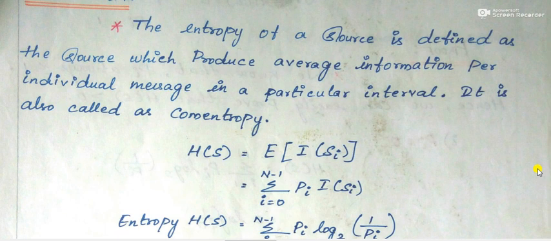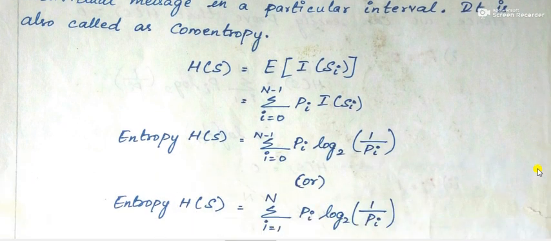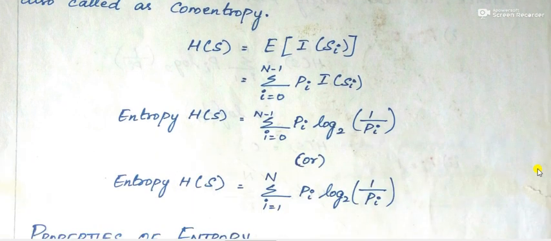It is also called uncertainty. This is the formula for entropy: summation i equals 1 to n of pi log base 2 of 1 by pi. By using this, we can find the entropy of a source. Based on this, let us see the problem.